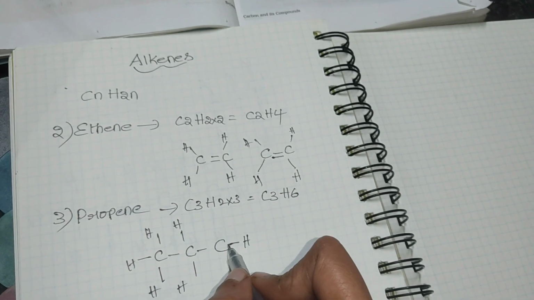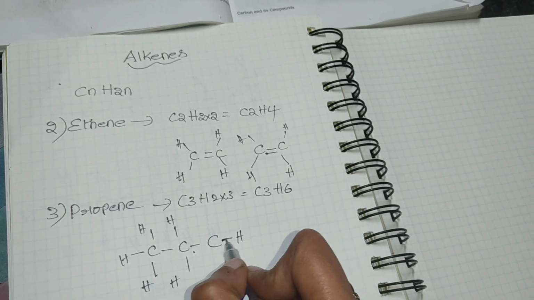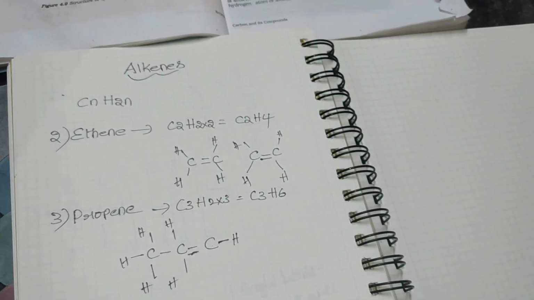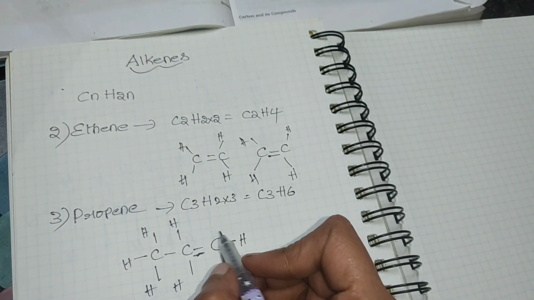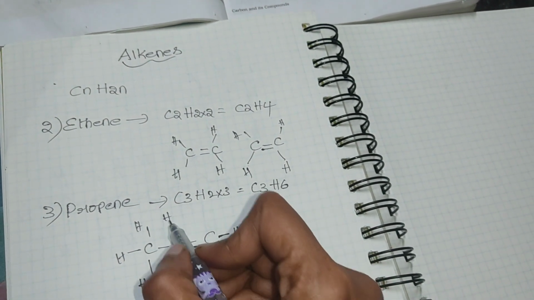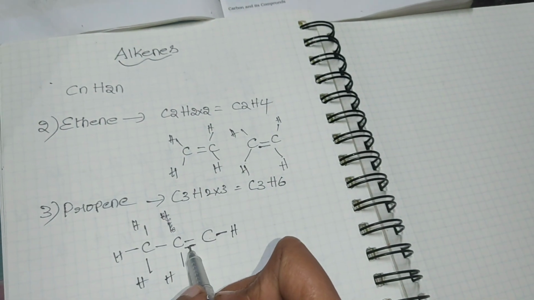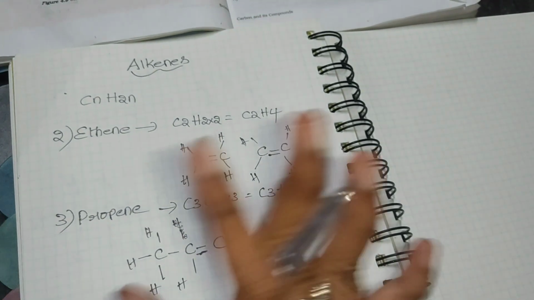But here it is having a double bond, so it has only 1, 2, so 3. So like this we can keep. 3 are satisfied. And here we can remove 1, because if we keep the double bond here, it will become 1, 2, 3, 4, 5, and we don't want 5.